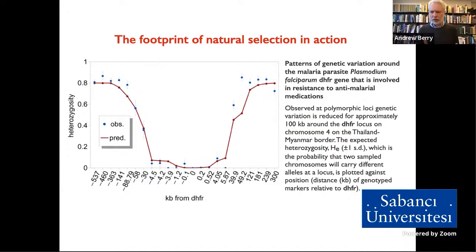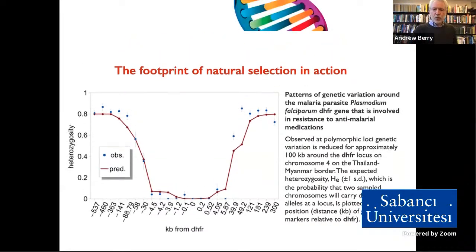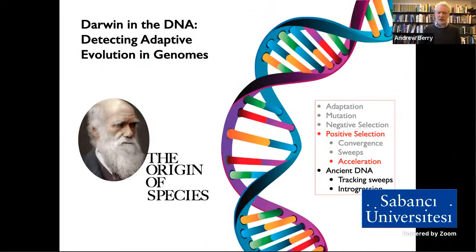Namely, you've got intermediate levels of recombination, you've got strong natural selection in favor of a mutation in the heart of that reduced variation region. And we now know that there is indeed a gene which has mutations which are involved in resistance in Plasmodium to these drugs, right there in the center of that area of reduced variation in the genome. So that's one way, or a second way, convergence and sweeps.